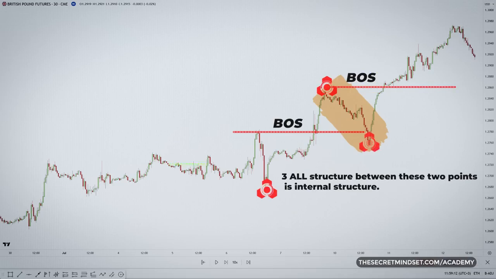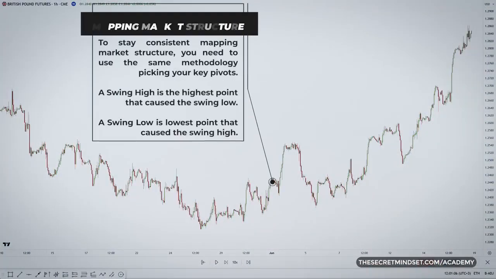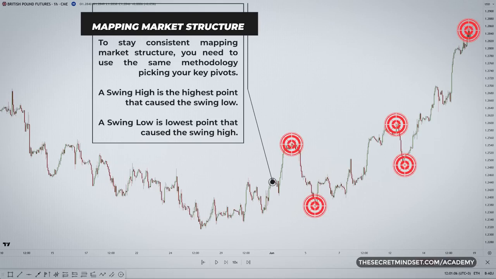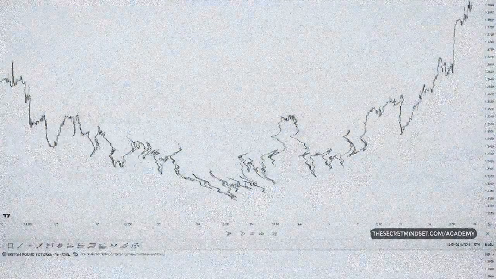And once again, you mark the higher low, the lowest point that caused the swing high. To stay consistent mapping market structure, you need to use the same methodology picking your key pivots. A swing high is the highest point that caused the swing low, and the swing low is the lowest point that caused the swing high.